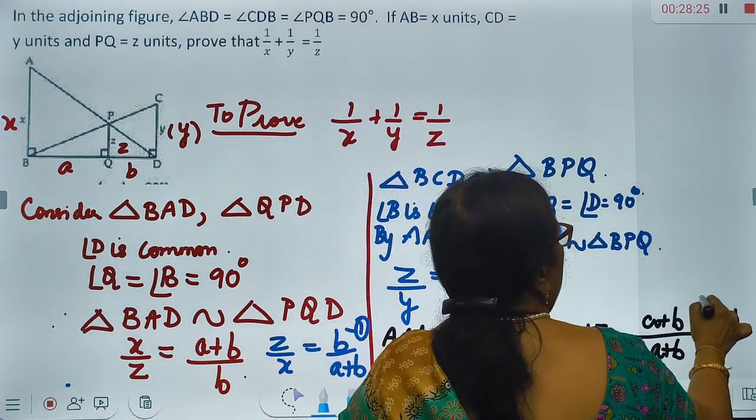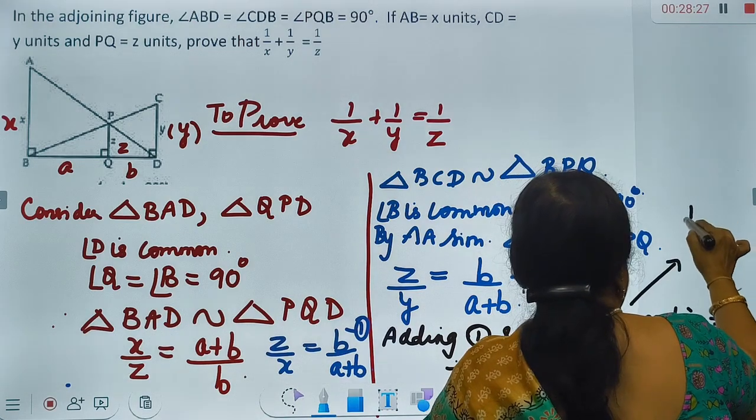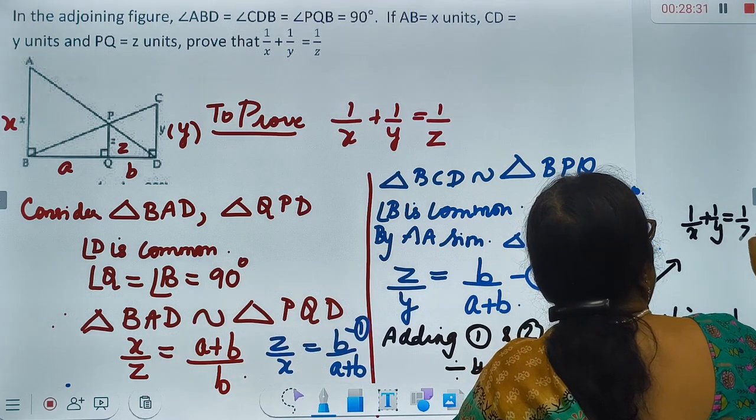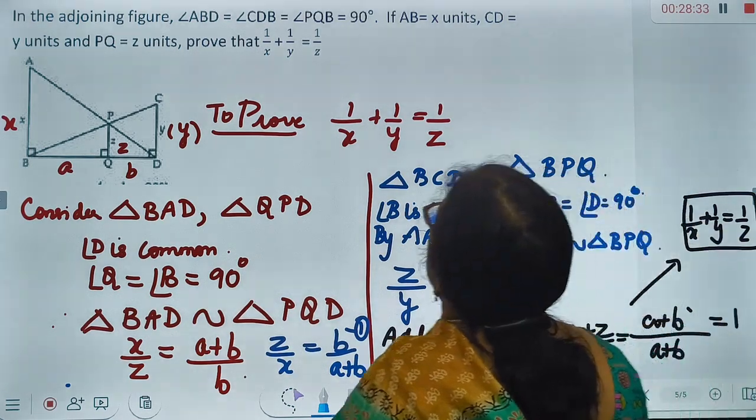Dividing by Z, I will get 1 by X plus 1 by Y equal to 1 by Z, which is what we wanted to prove.